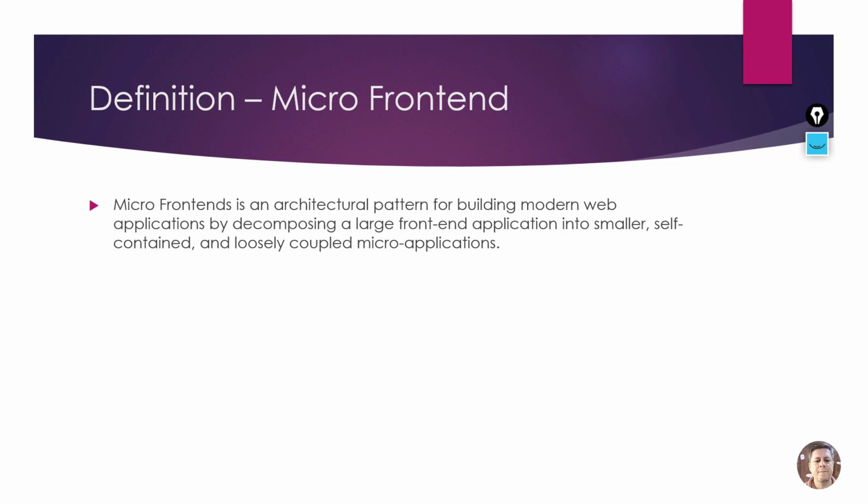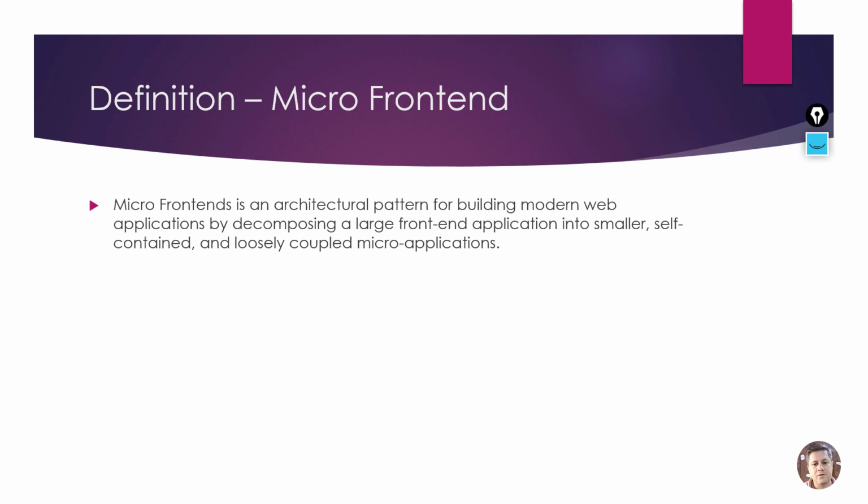So micro frontend is an architectural pattern of building modern web applications by decomposing a large front-end application into smaller, self-contained and loosely coupled micro applications. Right? So they are not tightly coupled. I hope you know what is loosely coupled and what is tightly coupled. Loosely coupled means they work independently and have no dependency if another micro frontend does not work.